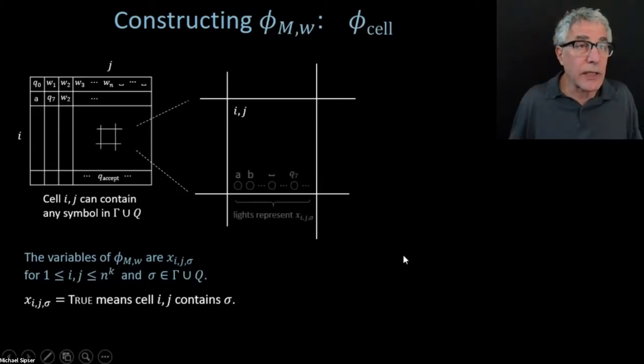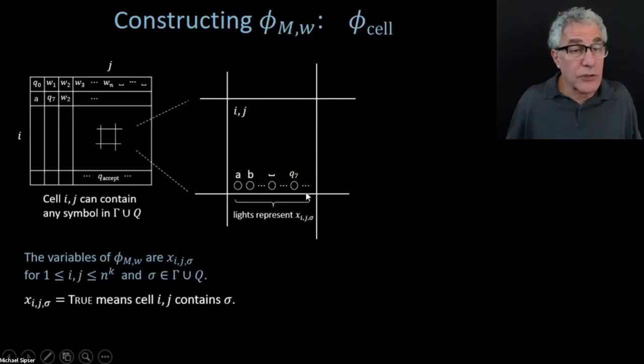So I'm going to illustrate that now for you. Imagine you have lights representing all the different xij variables for the different sigmas. So we're in cell ij, and these are all xij sigma variables for the different sigmas that can go in this cell.